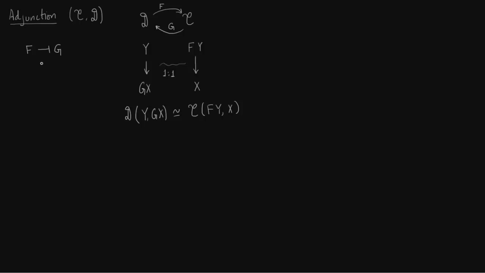So if this thing is true, you say that F is adjoint to functor G. F is called the left adjoint and G is called the right adjoint.